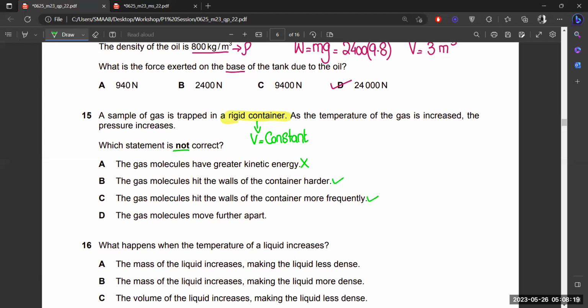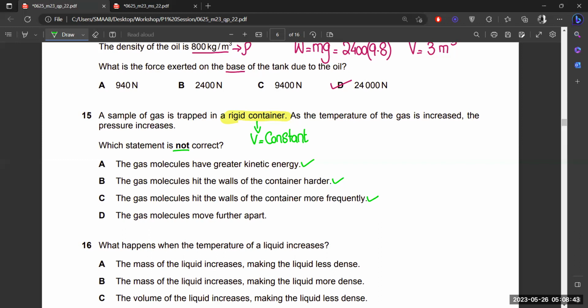So these two options are just indicating the right concept. And we are talking about the kinetic energy, so kinetic energy will also increase. Sorry for that. Because kinetic energy increases, but the volume is constant. Correct this statement.